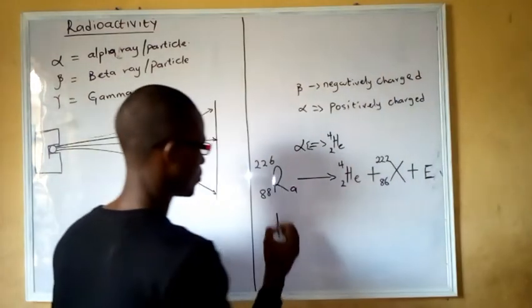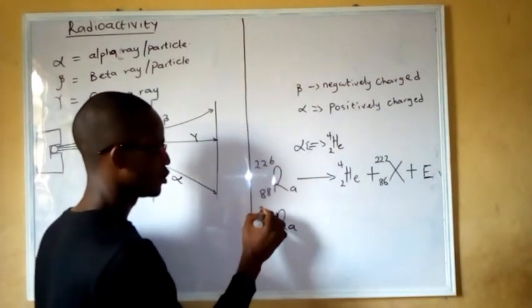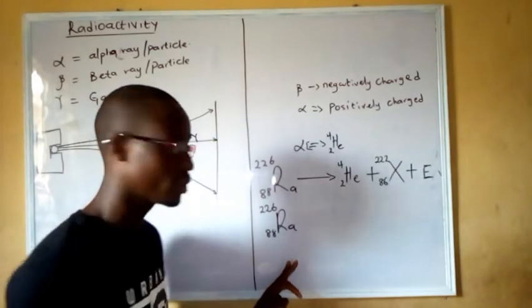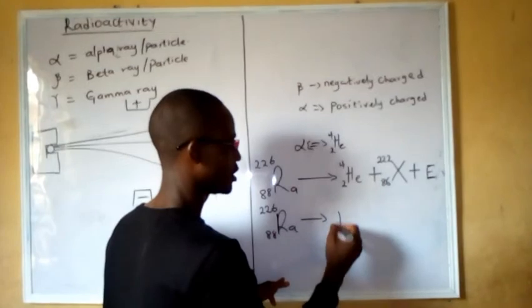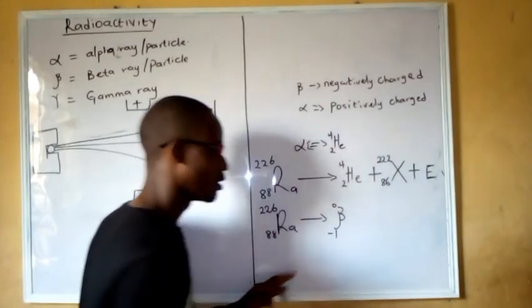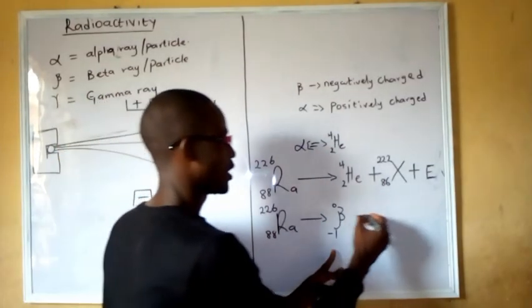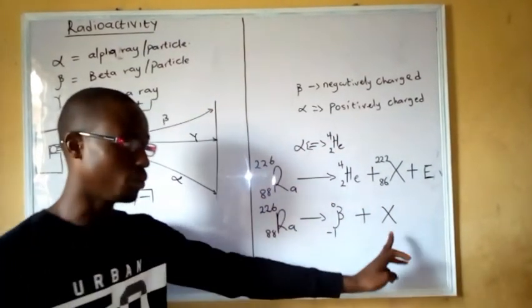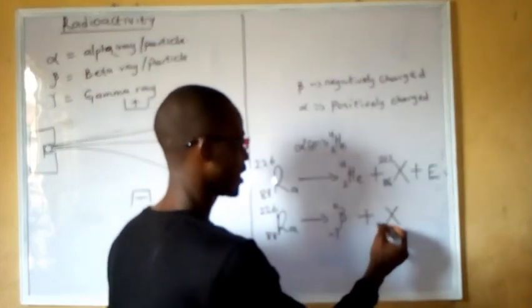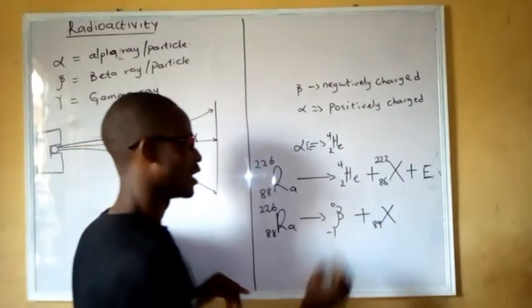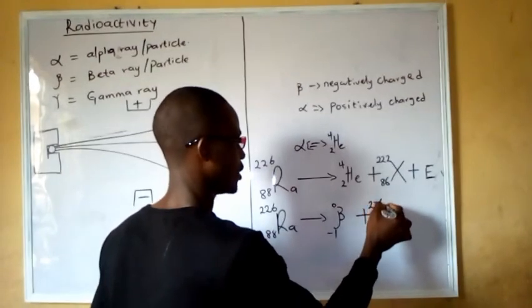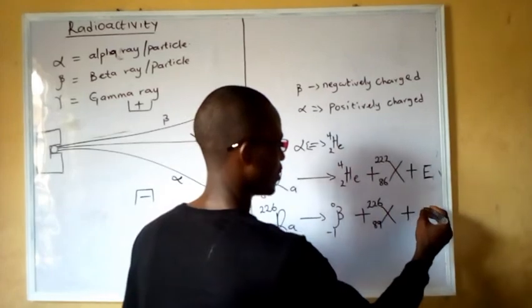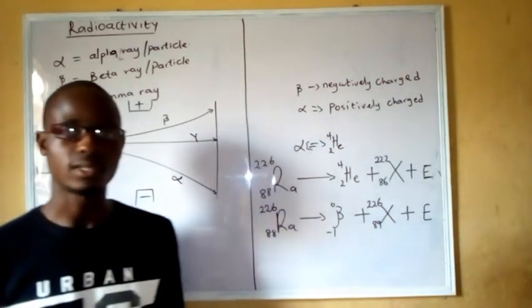If radium-226 with atomic number 88 loses 1 beta particle, there is an addition of 1 to the atomic number of the new element formed. So then we are going to have 89. However, there is no deduction nor addition on the mass number side. And at the same time, energy is also released in the process.